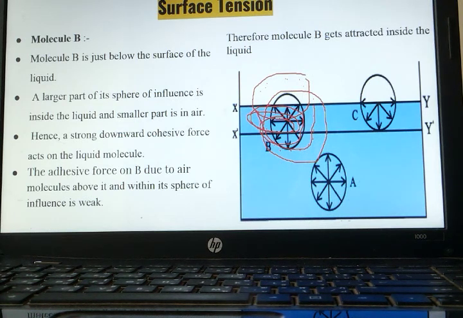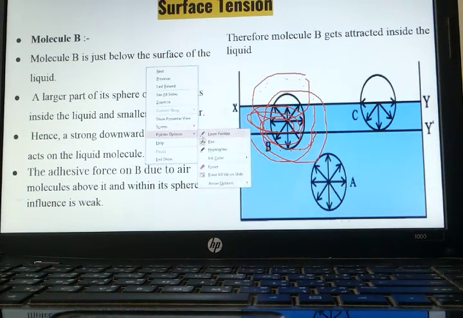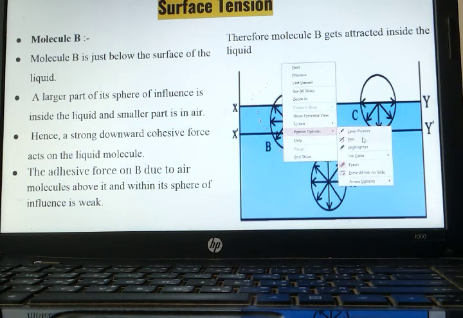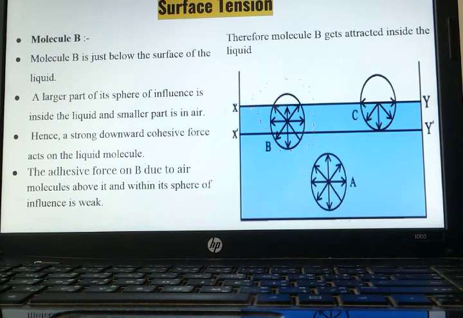But the cohesive force on molecule B will be much greater than the adhesive force, because the adhesive force is due to the presence of very few air particles.